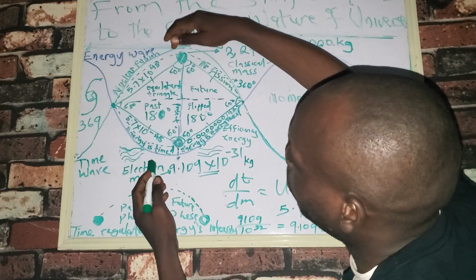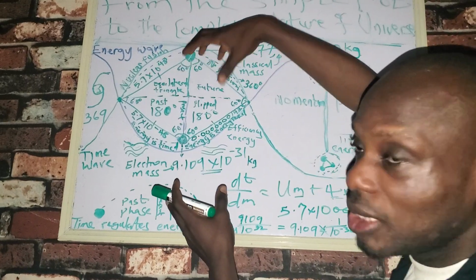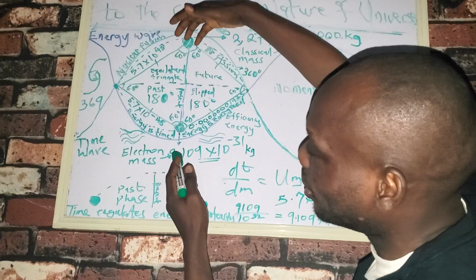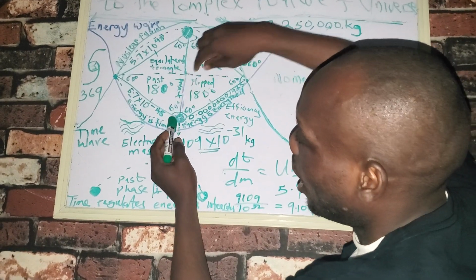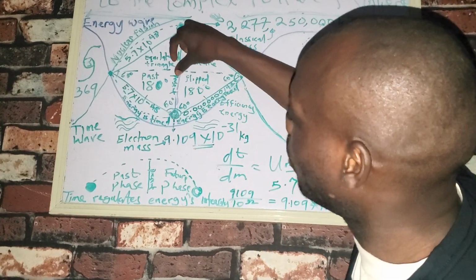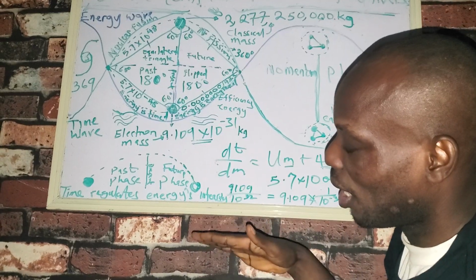And based on how past, future, and present are defined using this system, we know that the classical region is the past, while the quantum region is the future. So now at the present phase, we have a combination of the past and the future.